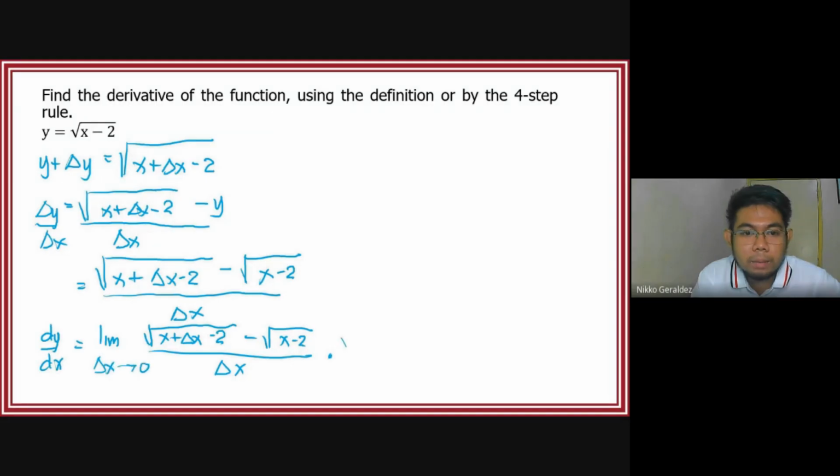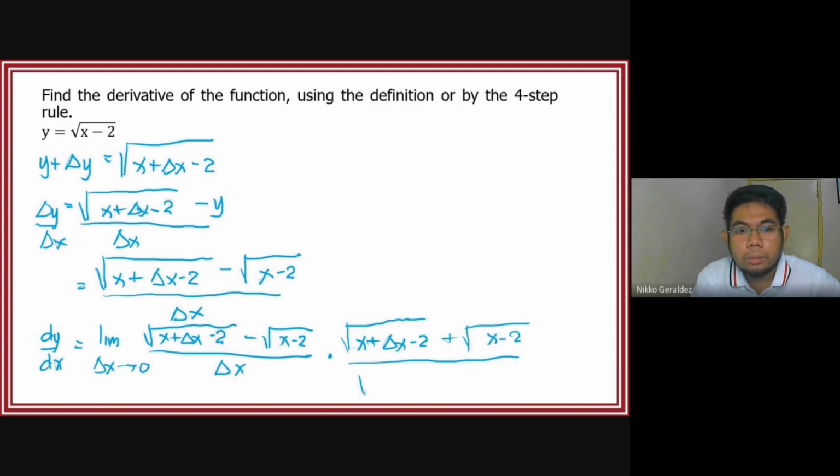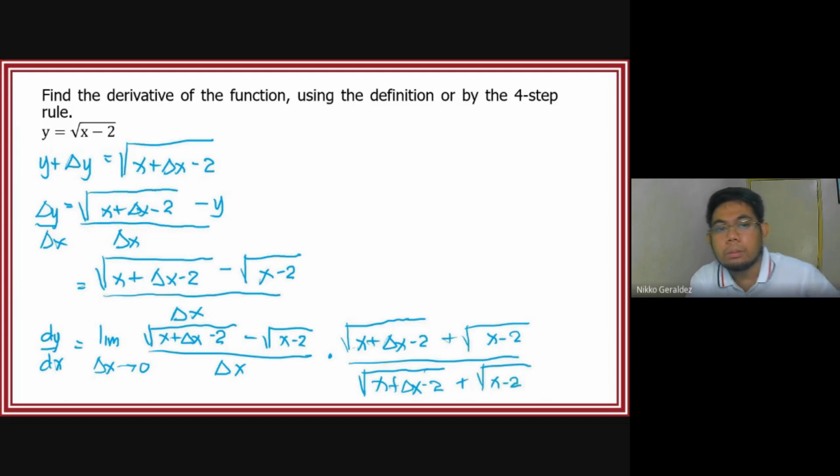So, the derivative of y with respect to x is equal to the limit of square root of x plus delta x minus 2 minus square root of x minus 2 over delta x as delta x approaches 0, times square root of x plus delta x minus 2 plus square root of x minus 2 over square root of x plus delta x minus 2 plus square root of x minus 2.